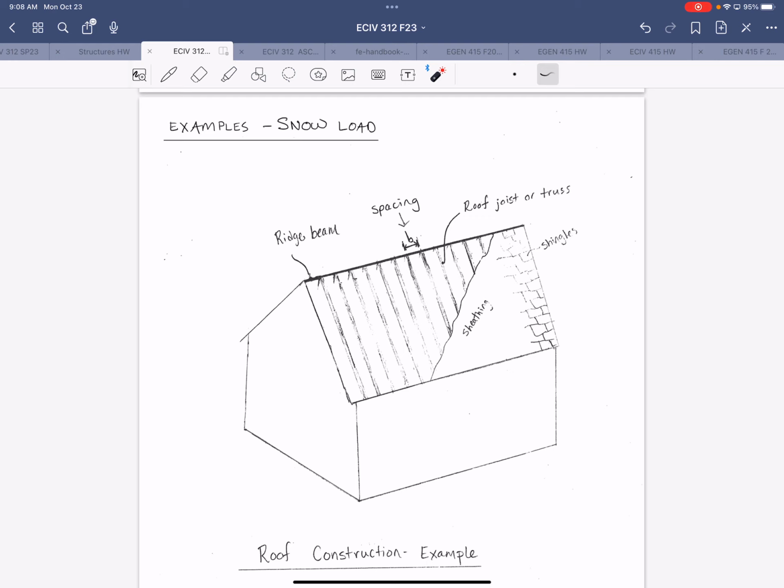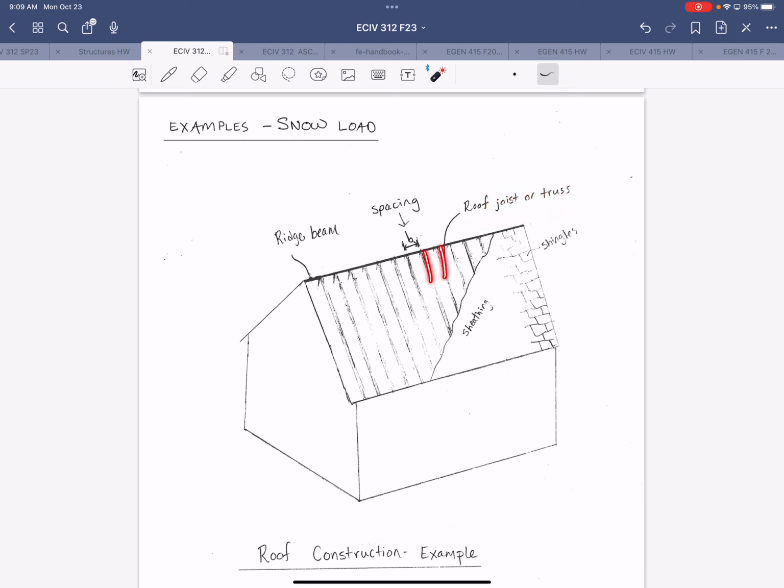So now we're off of the PowerPoint slides, and we're on to the skeleton notes. This should be the first page in your skeleton note handout, and it shows an example of a type of roof construction. Breaking down the surface items, underneath the surface you have the roof joists, or maybe it's a truss.